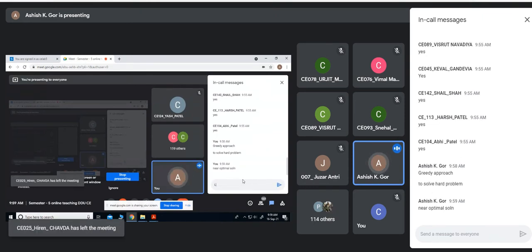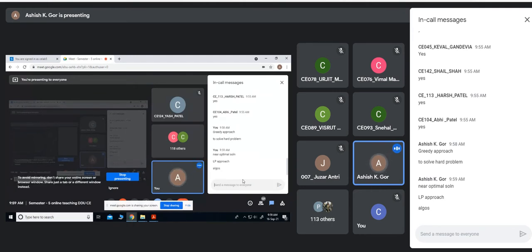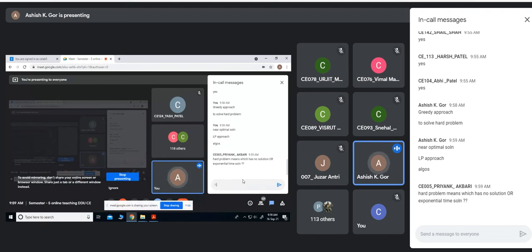Another approach could be a linear programming approach. You create a linear program. That's why we covered linear programming first in the second sessional, so that we can use that idea over here. So a linear program could be the second approach. For a linear program, various algorithms are there. Remember, there are so many algorithms for solving a linear program. You only know one.